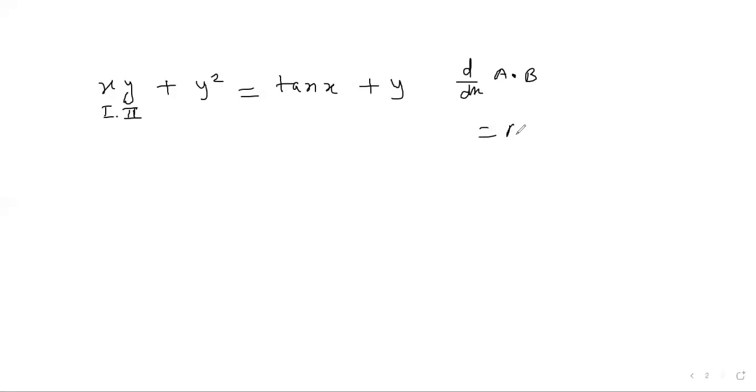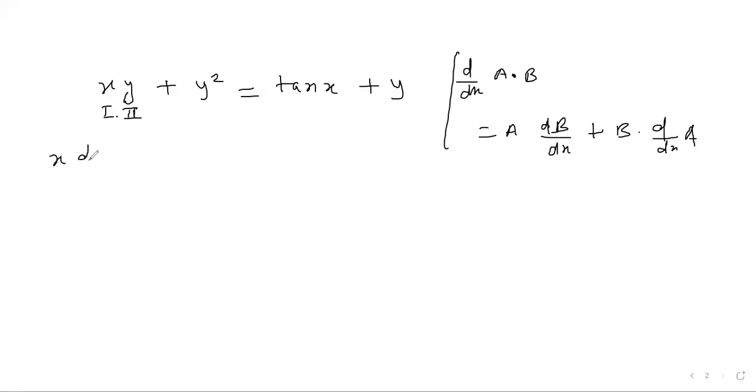Suppose we are given xy plus y square equal to tan x plus y. Now differentiating with respect to x. Here it is a product of two functions. If you remember, d upon dx of ab: first times derivative of second plus second times derivative of first. So that will be applied here.